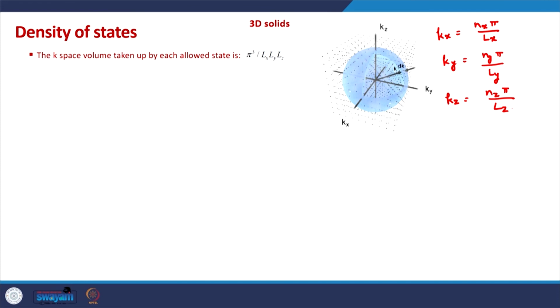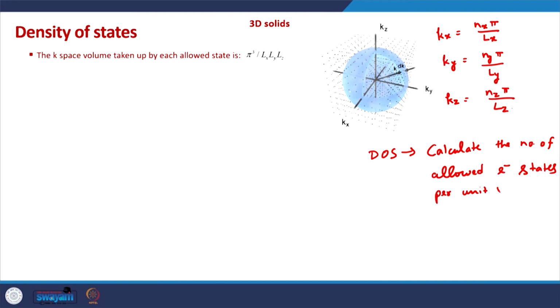And the idea of density of states is to basically calculate the number of allowed electronic states per unit volume as a function of energy. So, that is the idea of density of states.